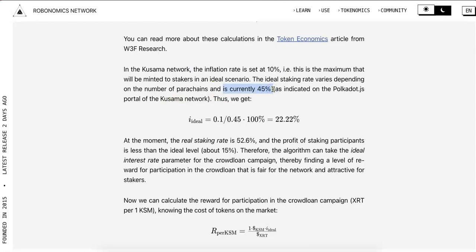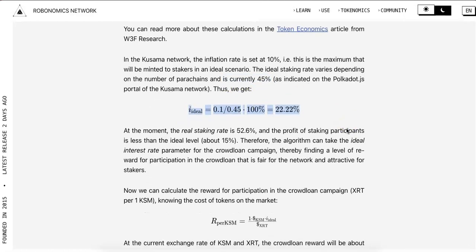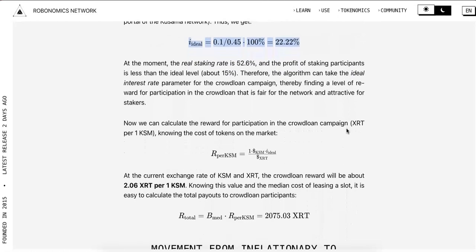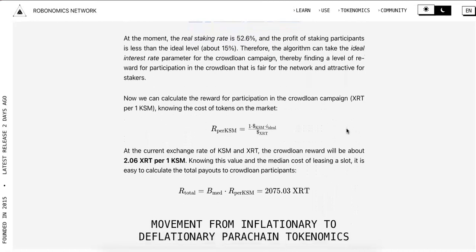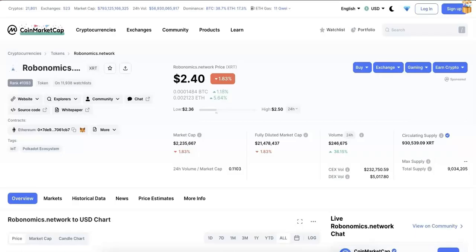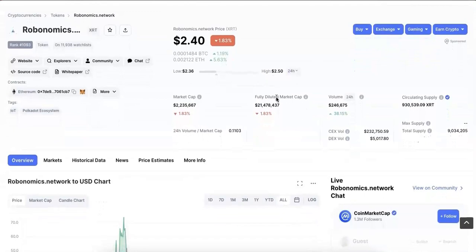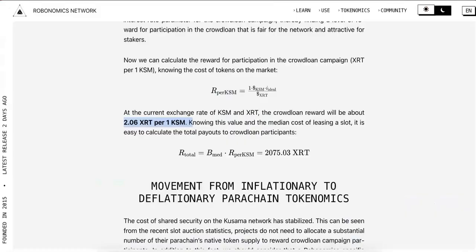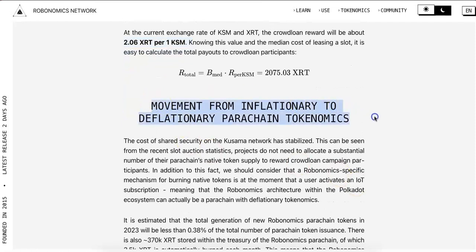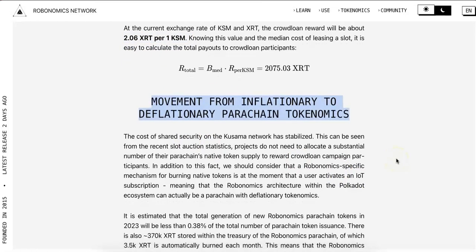So they use 0.1 divided by 0.45 to get the ideal APY, that's 22.22%. And this is the APY they are going to use to calculate the reward tokens. So the rewards they calculate would be 2.06 XRT. The price for XRT is 2.4 right now, so 2.06 would be around $5, and the KSM is 23 to 24. So that's how you determine the APY.